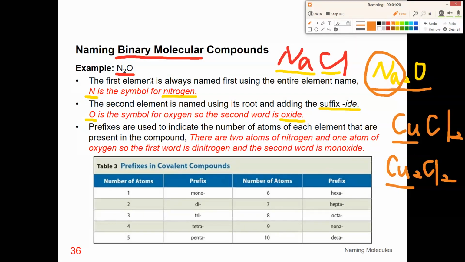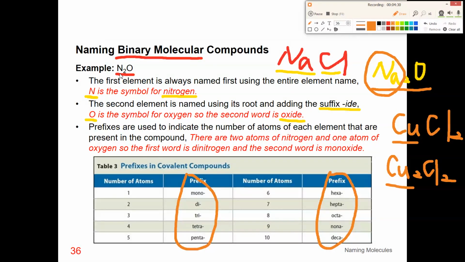However, the difference in a covalent compound is that we need to use a prefix to identify the number of atoms of both elements. In this case, there are two nitrogen, so we need to put the prefix di there. The name for nitrogen is dinitrogen.